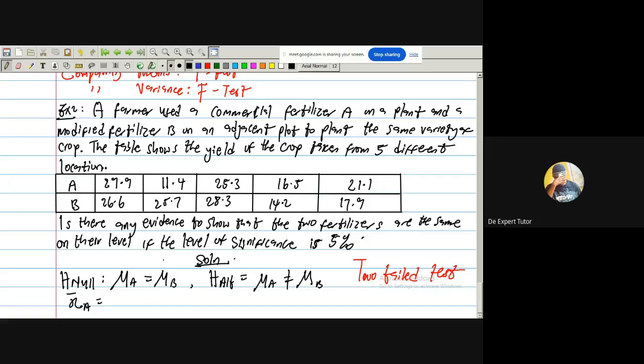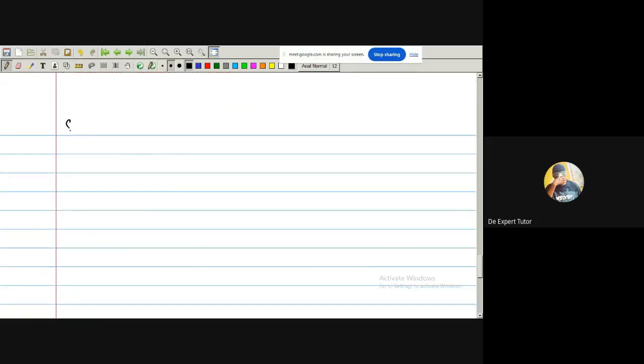Let me confirm. Yeah, 20.84. Exactly, 20.84. That's the mean. X B bar will give you 22.18. That's our mean.